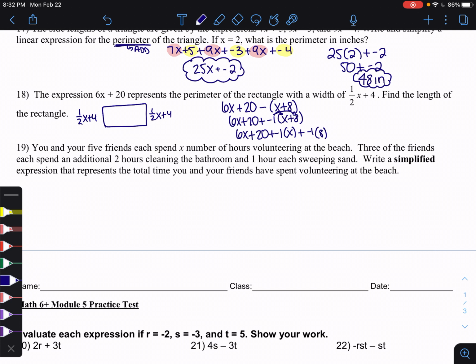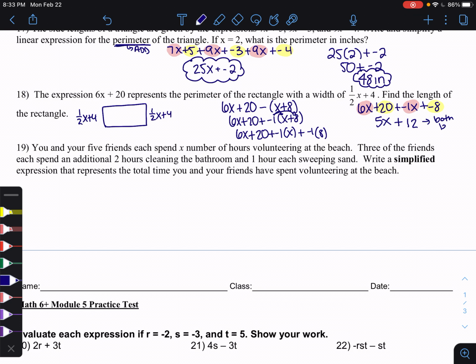So I get 6x plus 20 plus negative 1x plus negative 8. When I combine like terms, I'm left with 5x plus 12. So this represents both lengths together.